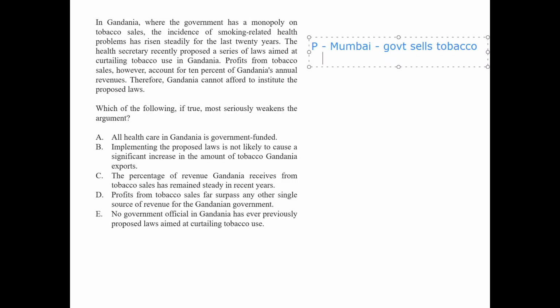After that, they said profits from tobacco account for 10% of the revenue of Mumbai. So tobacco related issues, health issues, are coming. Health issues in Mumbai.